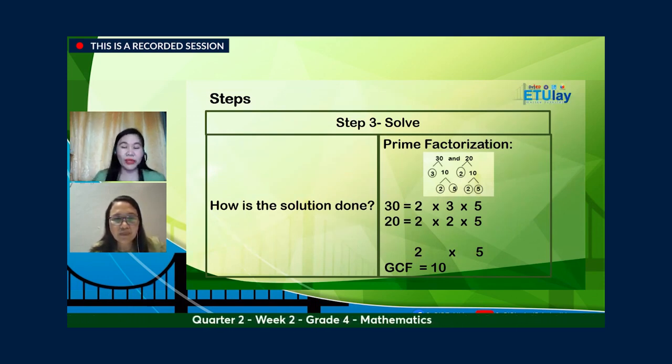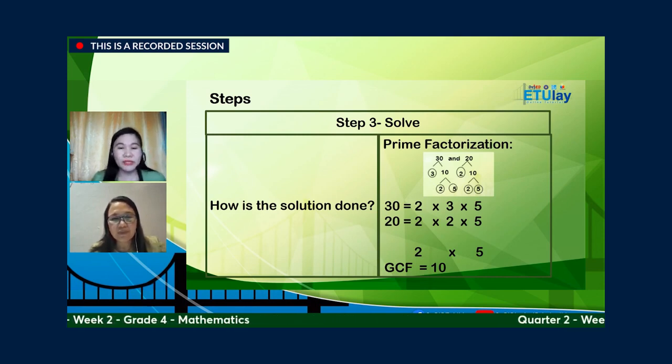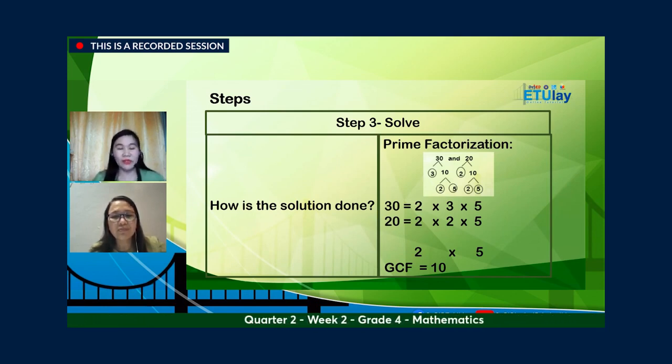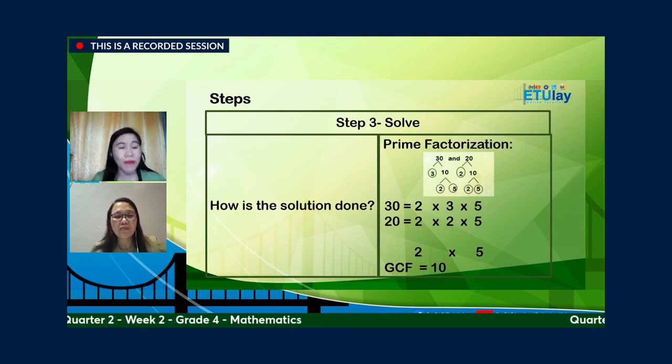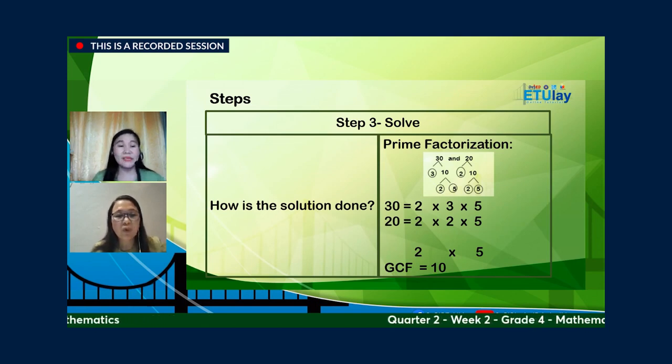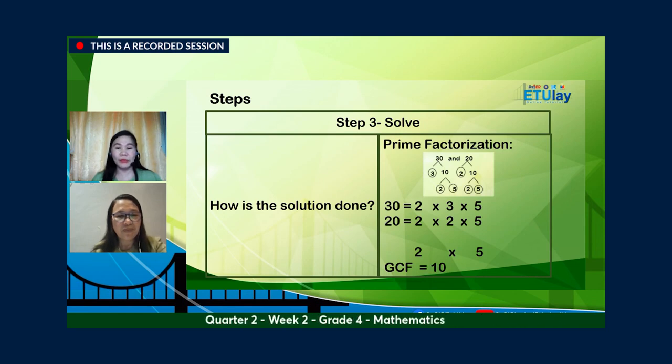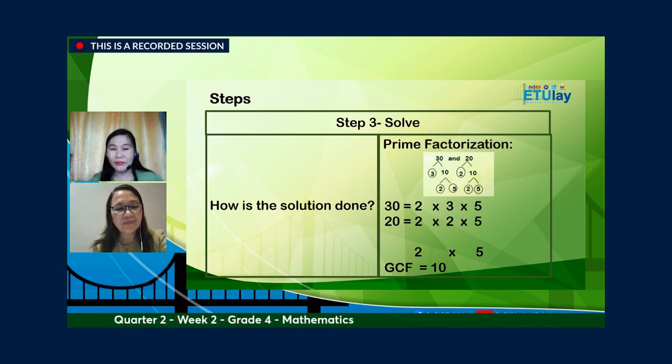At sa number 20 naman, we have there 2 times 2 times 5. At ang common natin, ano yung common natin dyan? We have 2 and 5. So yung common prime factor natin dyan, para mas malinaw, ay i-multiply natin. So if we multiply 2 times 5 is 10.